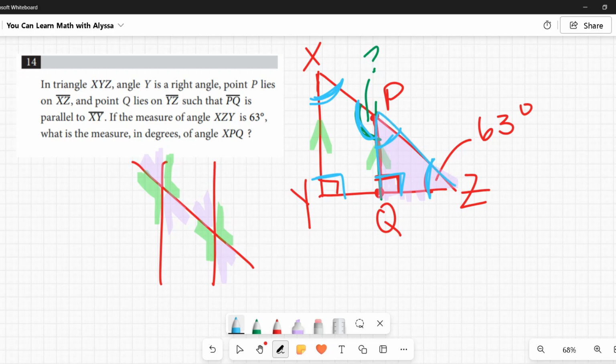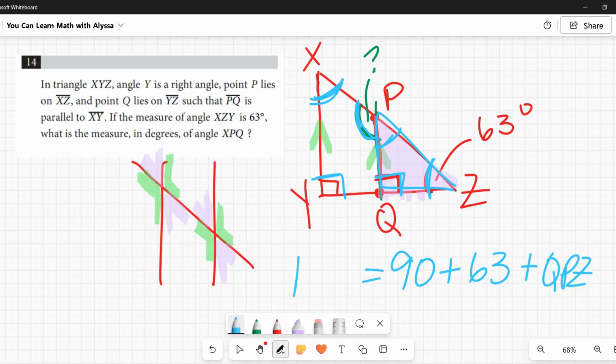And in this purple triangle that I have, those add up to 180. So 90 plus 63 plus angle QPZ all equal 180. Then I can solve to find out what angle QPZ is.